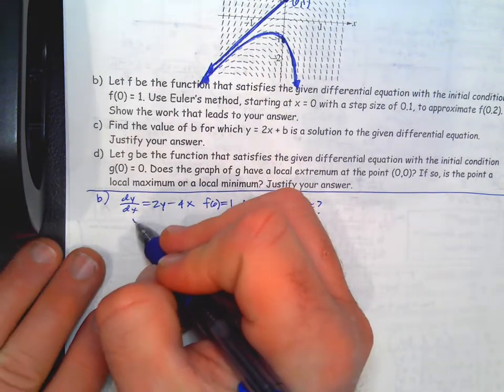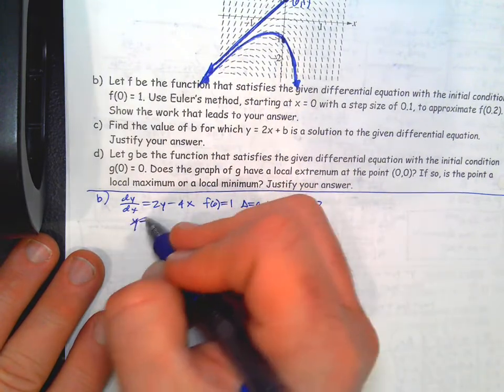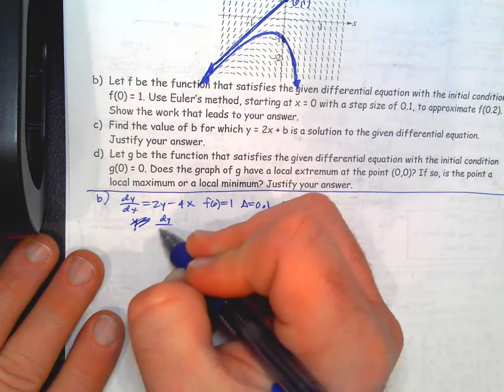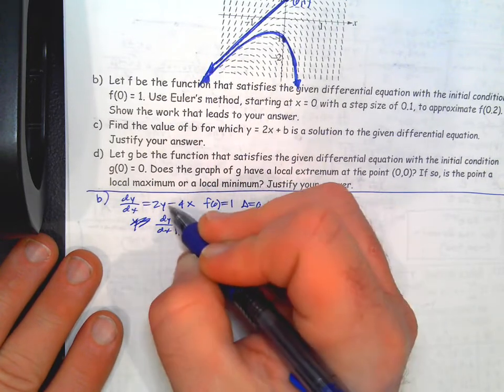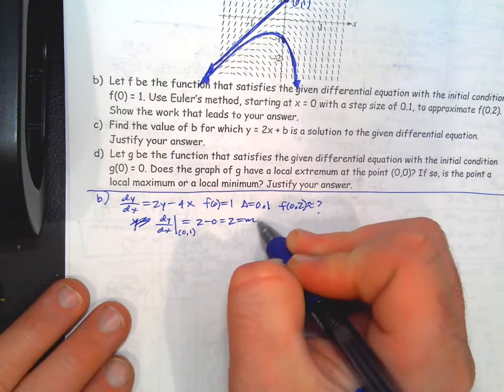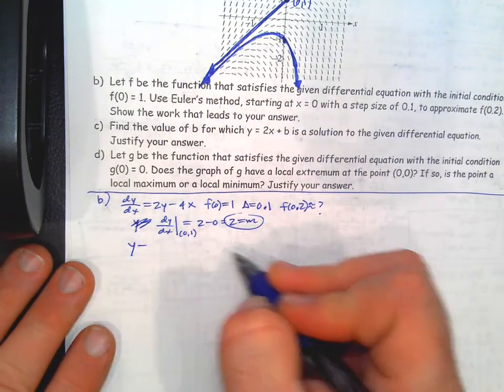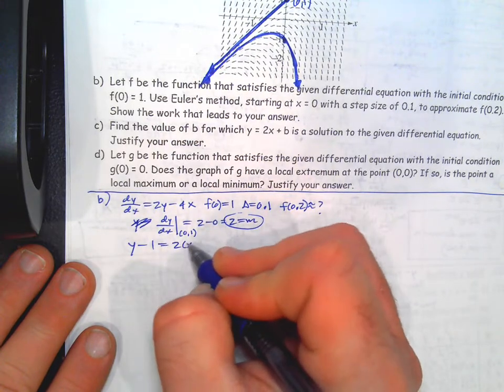So we're going to write the equation of a tangent line. So we should probably find the slope first. dy/dx at 0, 1 is going to be 2 minus 0 equals 2. So that's your slope. So it's going to be y minus 1 equals 2 times x minus 0.